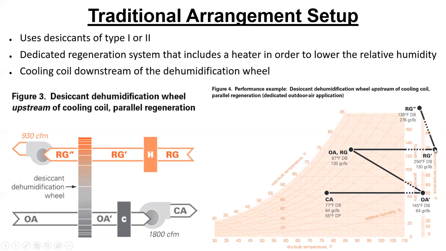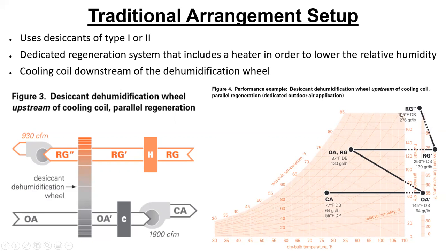Okay, well, then it goes across the desiccant wheel and it regenerates the desiccant. So in flowing across the wheel, we get to Rg double prime. And look what happens. The moisture content goes up.